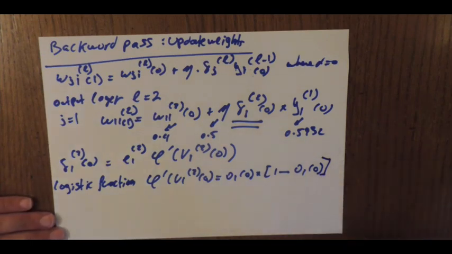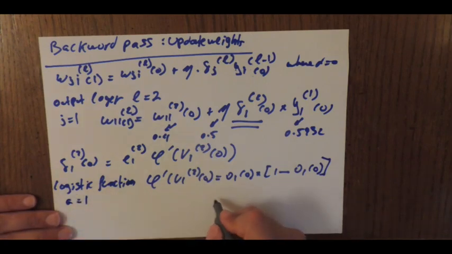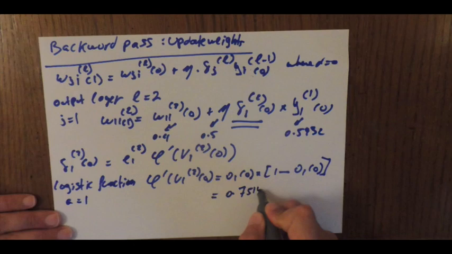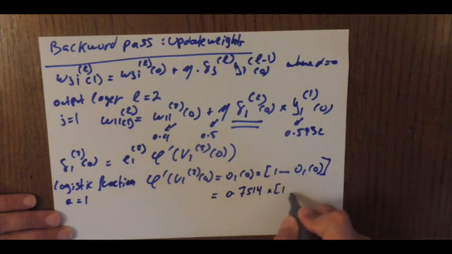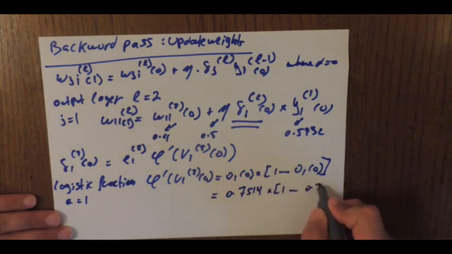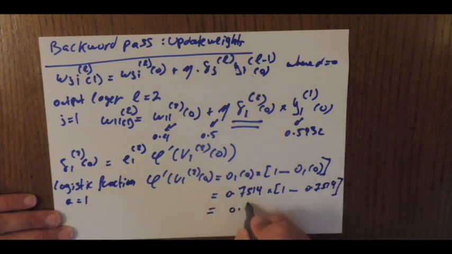And in this case, for a equal 1 as given, we will have 0.7514 times 1 minus 0.7514, and this will be 0.1868.